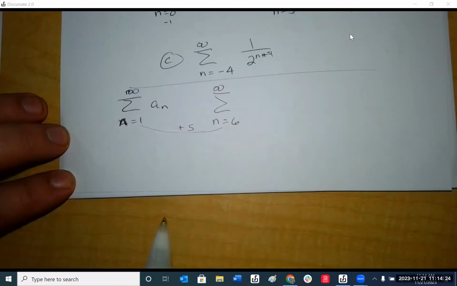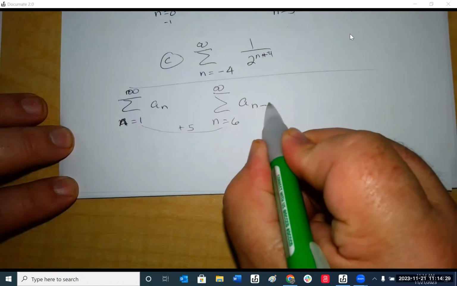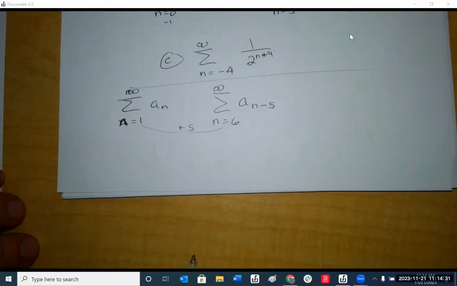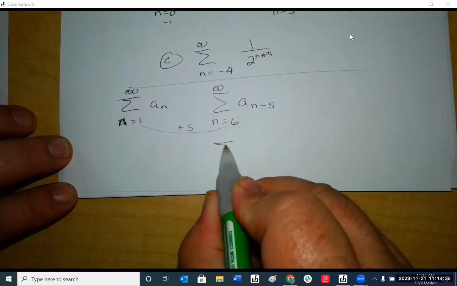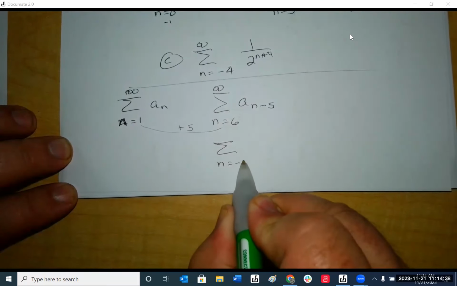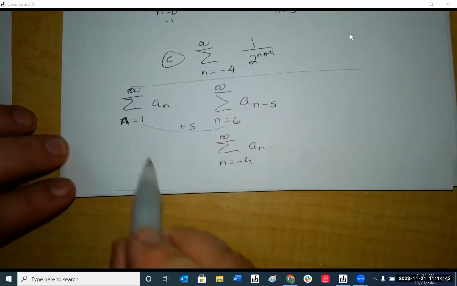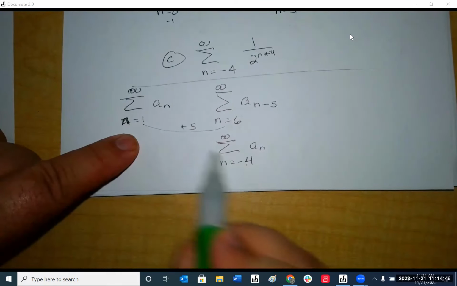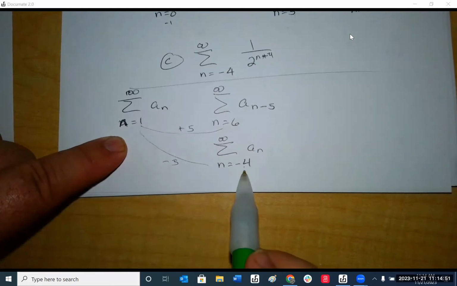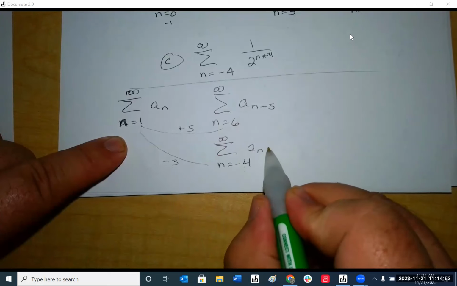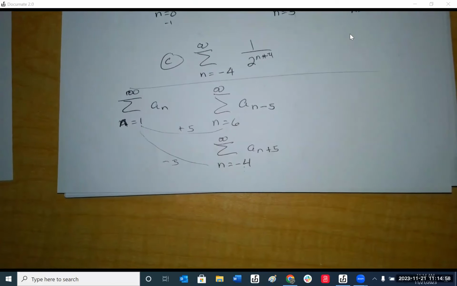I added 5. Since I added 5 down here, I have to subtract 5 up there. So I'm going from 1 to negative 4. Here I subtracted 5, 1 minus 5 gives me negative 4. Since I subtracted 5 here, I have to add 5 here. These have to be opposites. They have to negate what you just did.